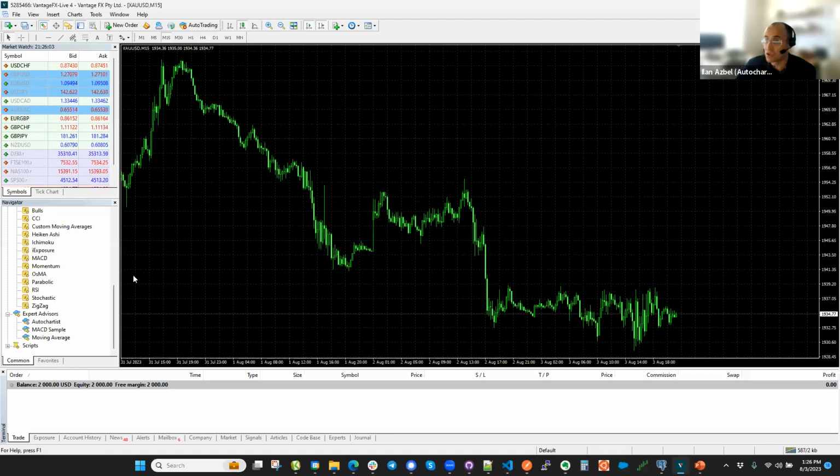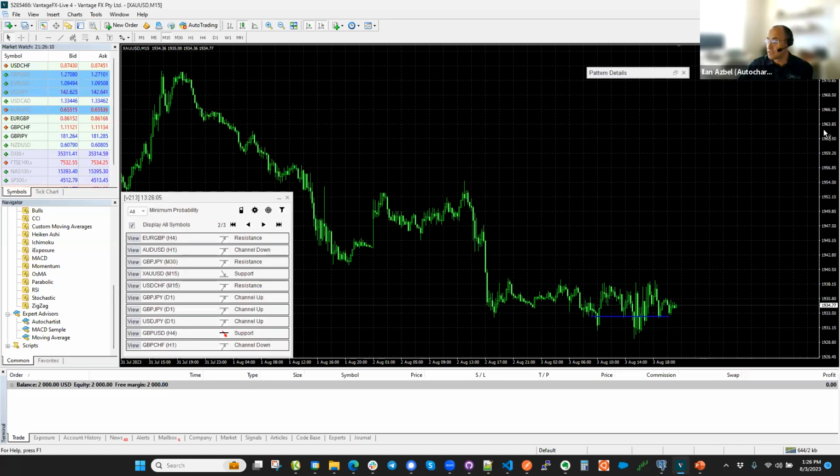Okay, 15-minute support on gold. Let's see what we say for the very short term. Clearly a very, very strong support level on gold. There's no doubt about that. Autochartist picked that up pretty well. Support at approximately 1933.50, I can't tell exactly.